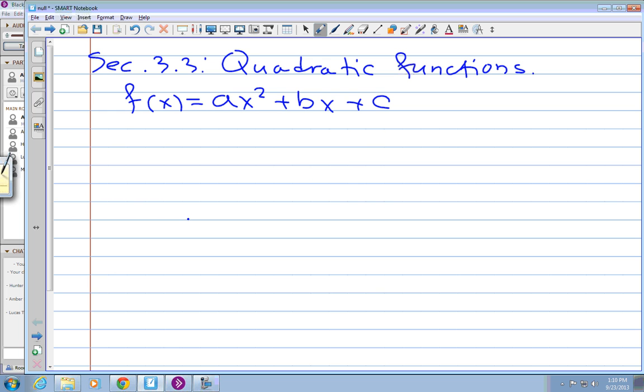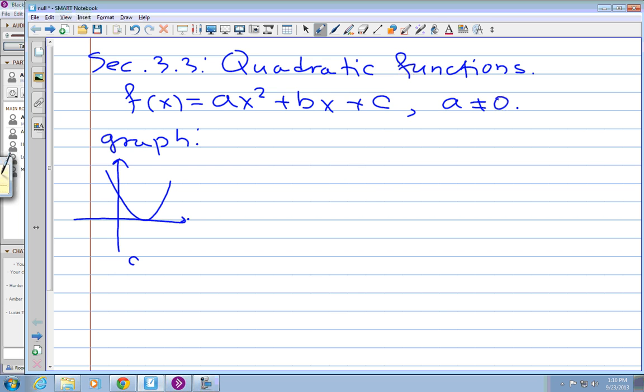And the graph of a quadratic function is always going to be a parabola. Okay? So a is not equal to 0. So the graph of such a function is always going to be a parabola placed somewhere. We don't know yet. But at least we're going to know one thing.